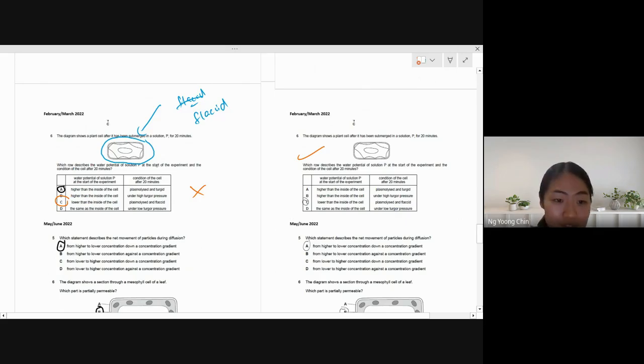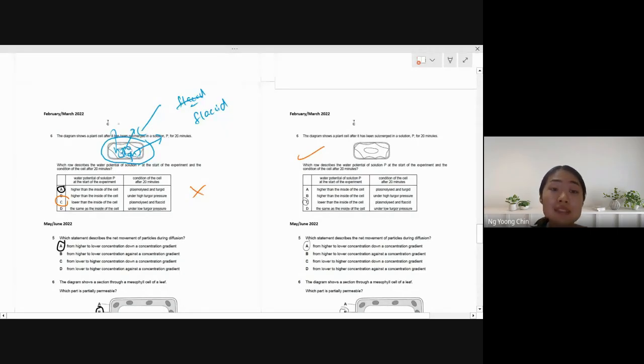Okay. So what made the plant cell appear in this way? It's because this person put this plant cell into solution P. Since the cell is losing water to the outside, that means the plant cell itself is hypotonic, which means it has a very high water potential.